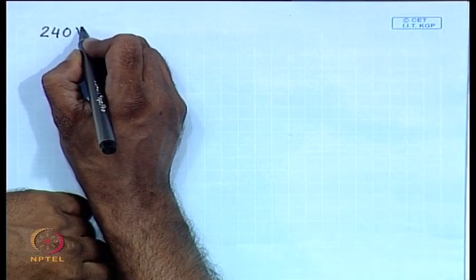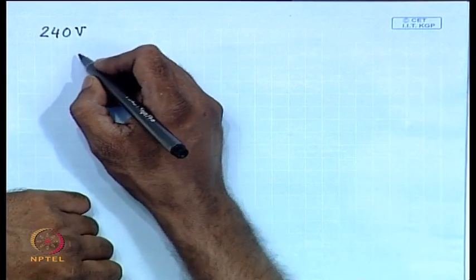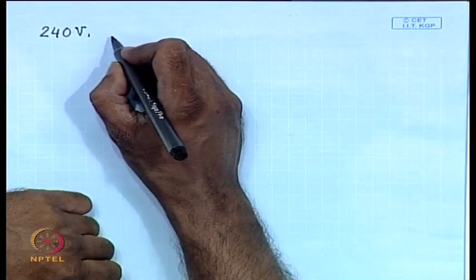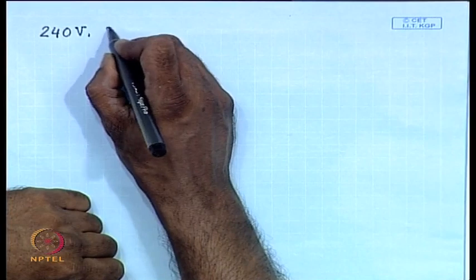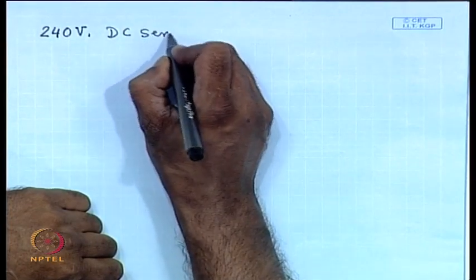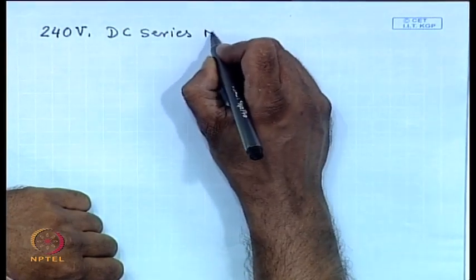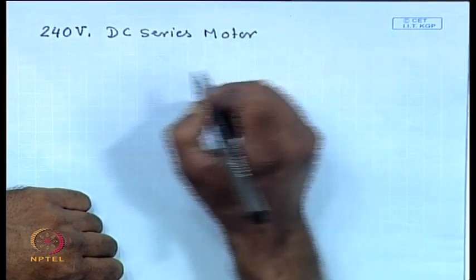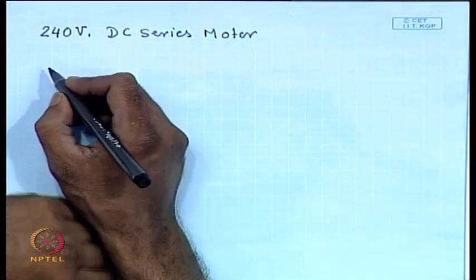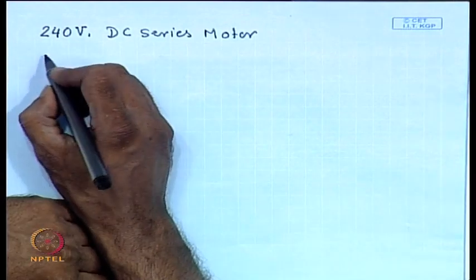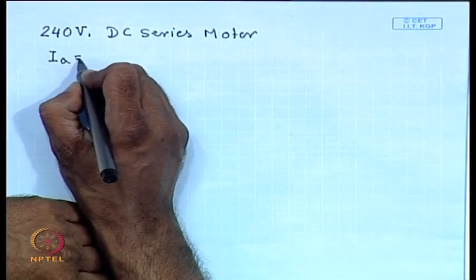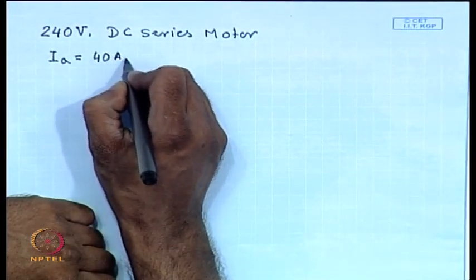Let us see by a few examples how this is done. Consider a 240 volt DC series motor used for lift drive with armature current of I A equal to 40 amperes.